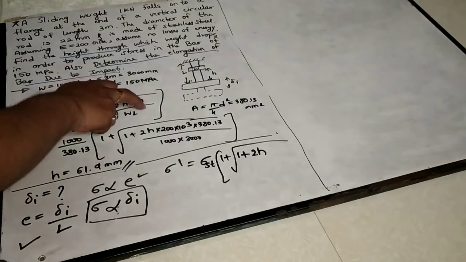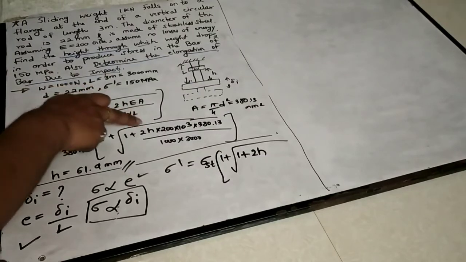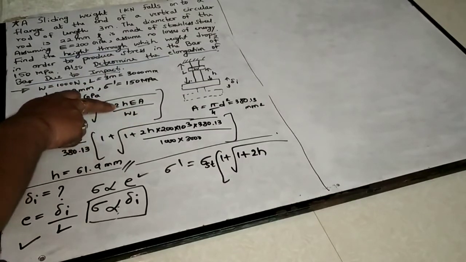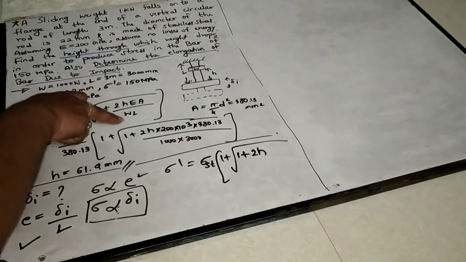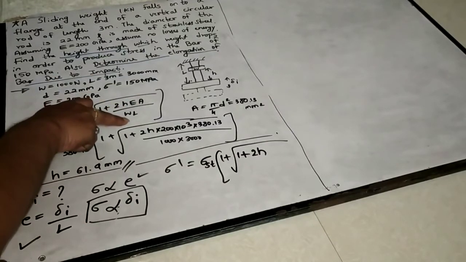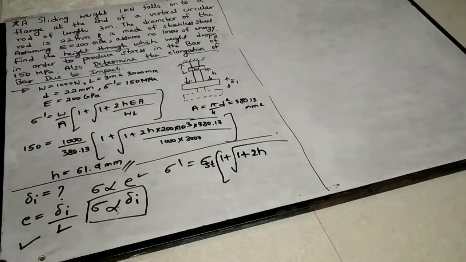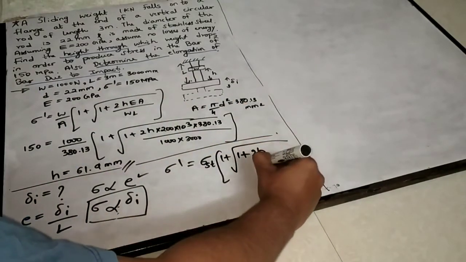This EA I will take here, WL by EA it will become, right? WL by EA is nothing but static deflection.